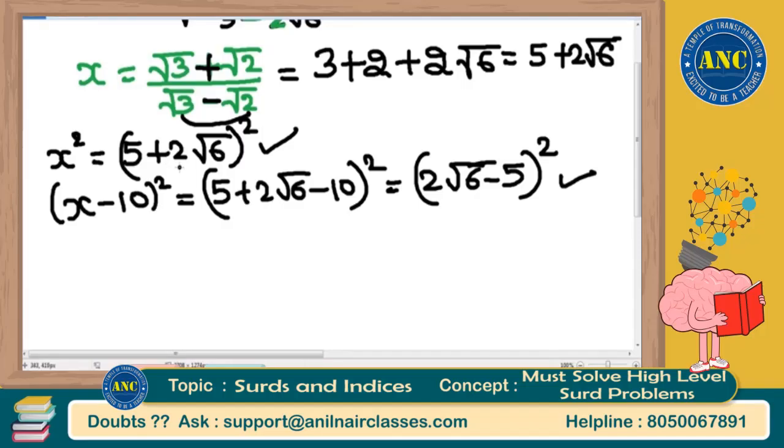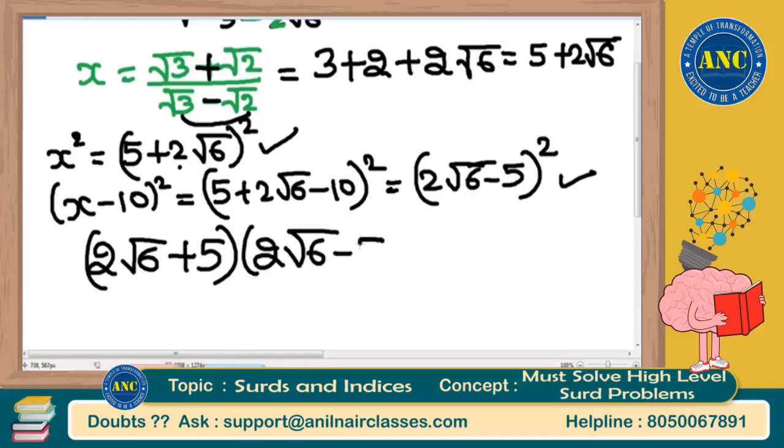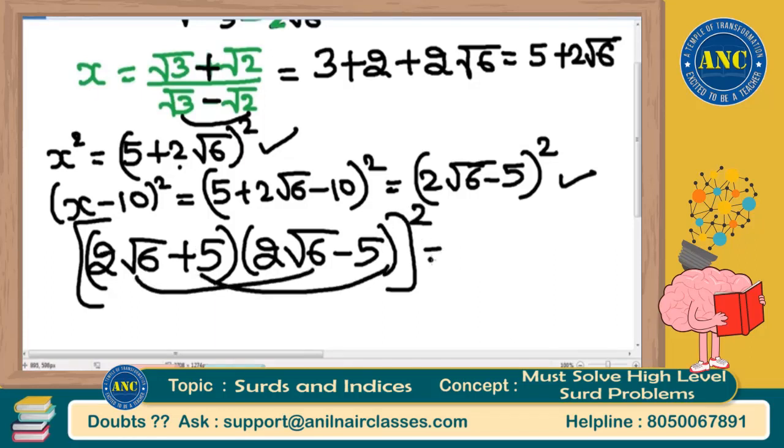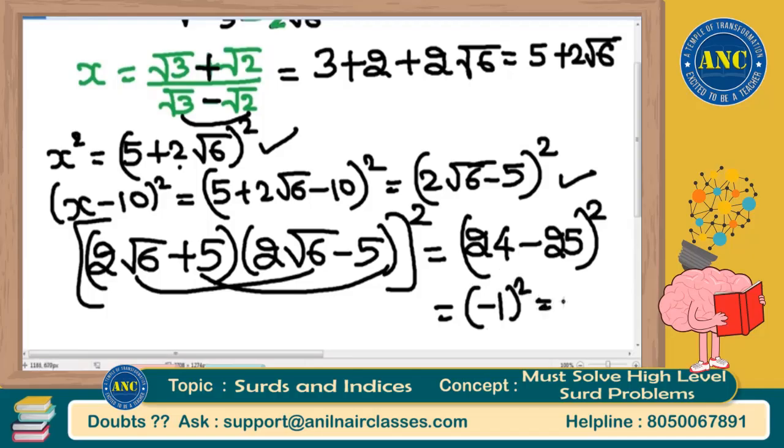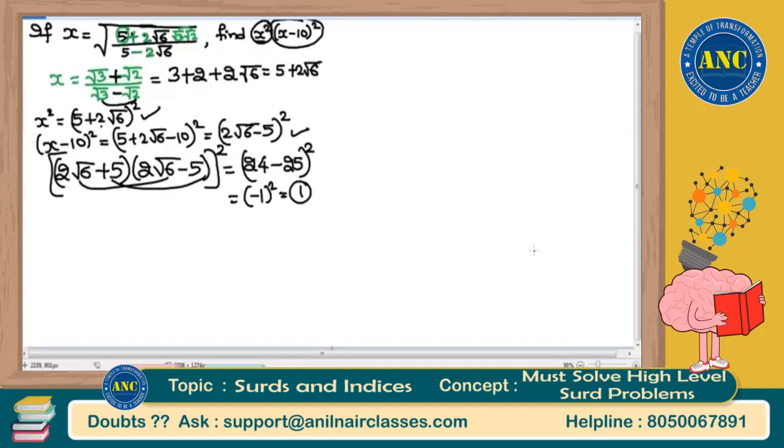So I can write the first parameter as 2 root 6 plus 5 and the second parameter as 2 root 6 minus 5, but the square is there for both terms, and inside the bracket it is (a plus b) into (a minus b), which is a square minus b square. (2 root 6) whole square is 4 into 6, which is 24, minus b square, which is 5 square, 25. (24 minus 25) whole square is (minus 1) whole square, which is 1. Very easy if you know the methodologies we are implementing. The answer for this question is 1.